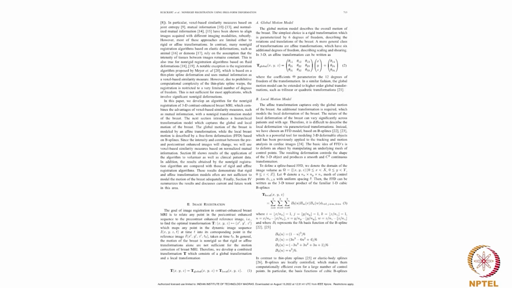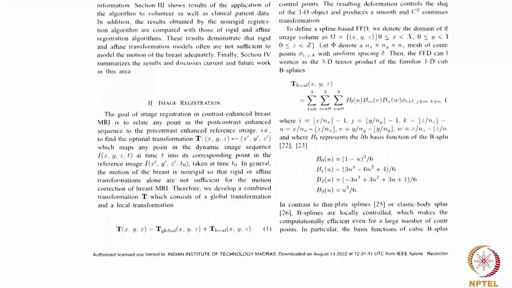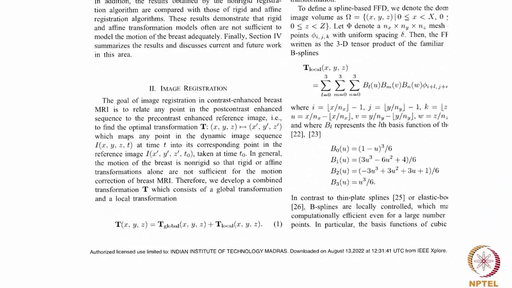So it comes in two steps. One is that it models the registration as a combination of two registrations. One is the global and a local registration. Okay, this global registration is nothing but your rigid body registration, just rotations and translations.